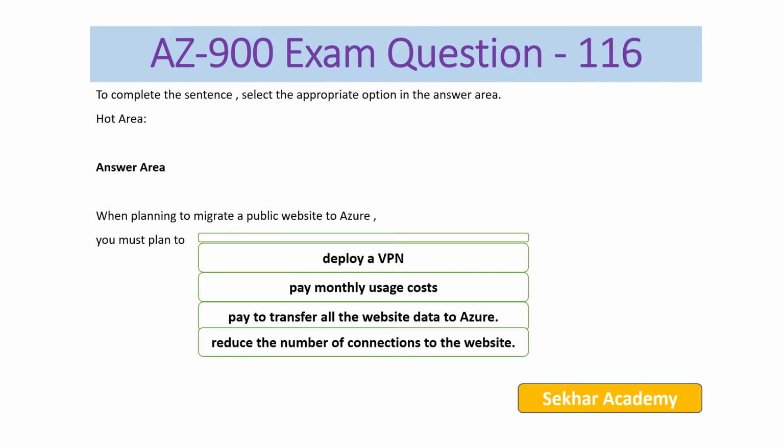So the right answer is pay monthly usage cost, right? So that's why you will understand how much usage there is and what will be chargeable by Azure. So the right answer is pay monthly usage cost.